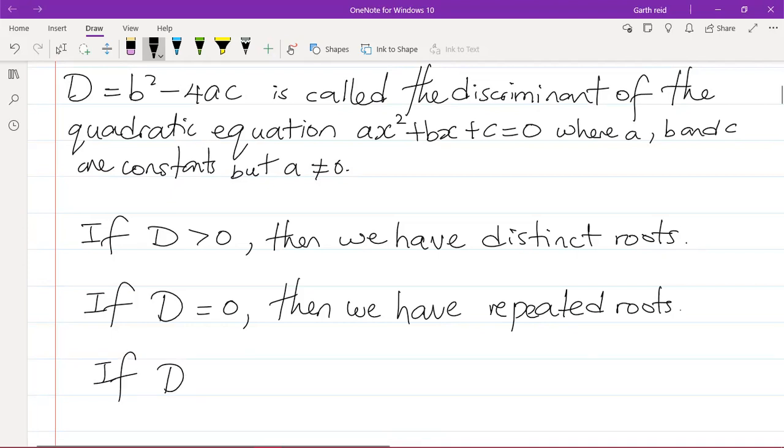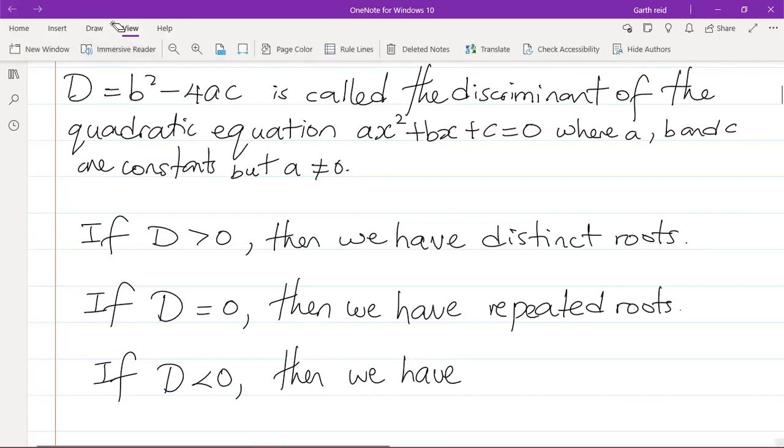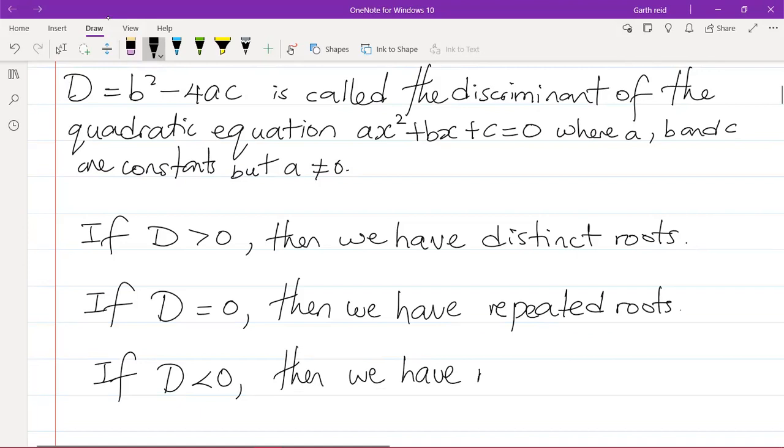There's one more case, which is what we're focusing on for this question. If the value of D is less than 0, so if b squared minus 4ac is less than 0, then we have no real solution. Just to be clear, we do have a solution, but it's not a real number solution.